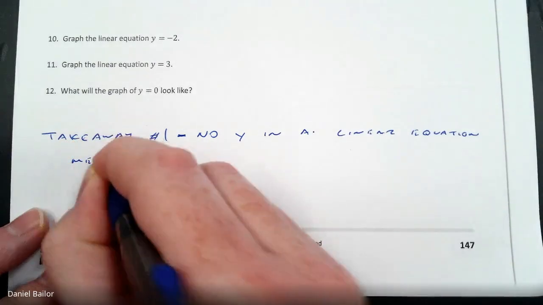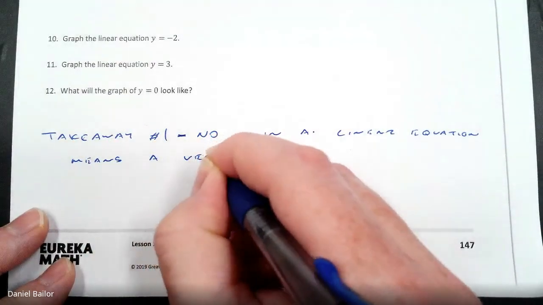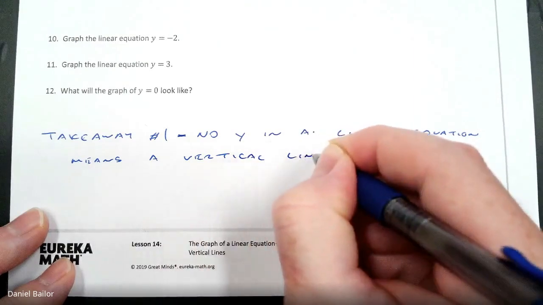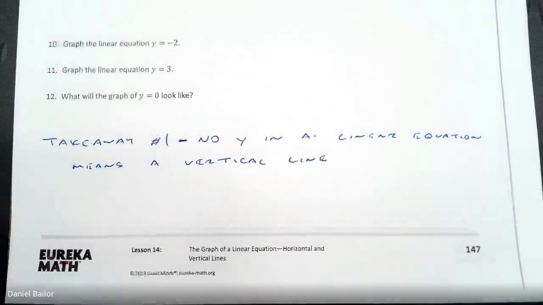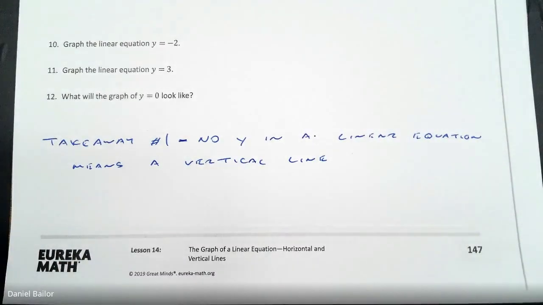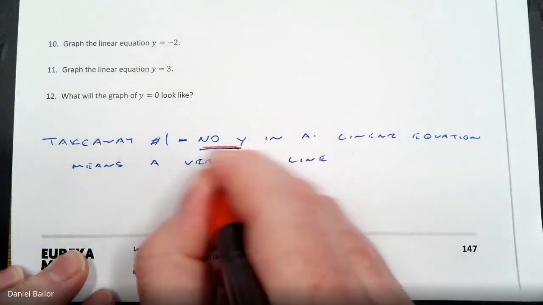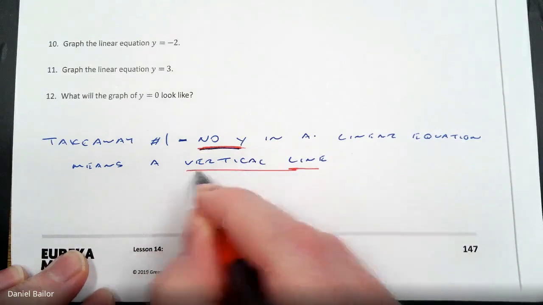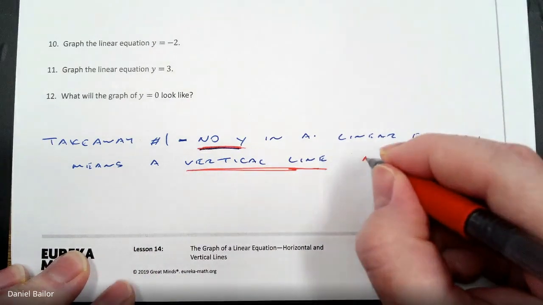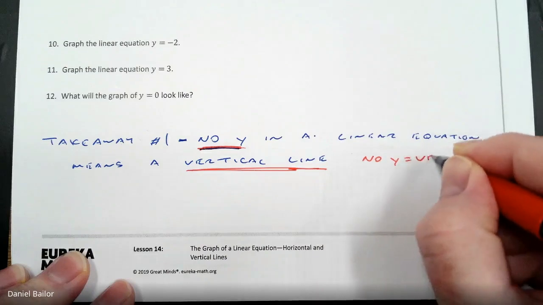No y in a linear equation means a vertical line. No y, here, let me do it in a different color. No y means vertical. No y equals vertical.